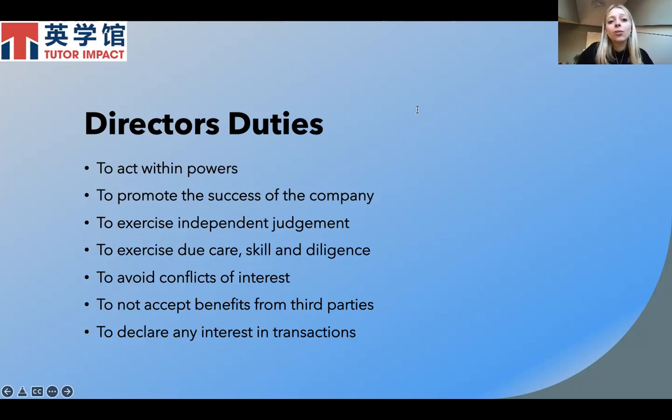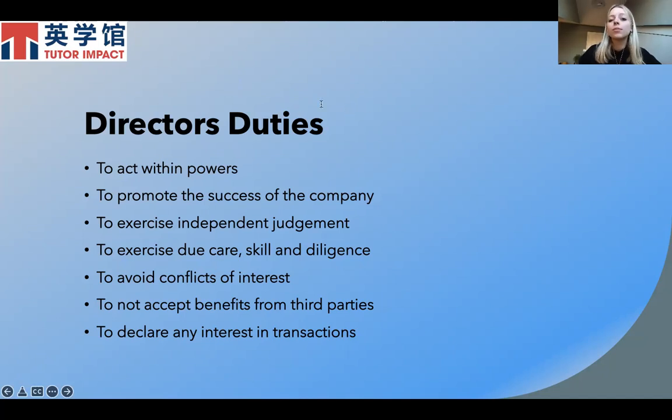The next duty is not to accept benefits from a third party. Again, this one's quite similar, but if you're given benefits because you're a director, you're not allowed to accept them because obviously this is a breach of this duty. The only way you can accept them is if it is reasonably regarded as unlikely to give rise to a conflict.